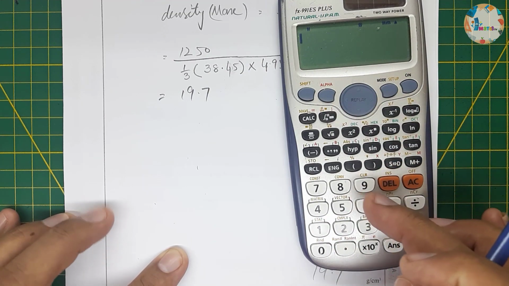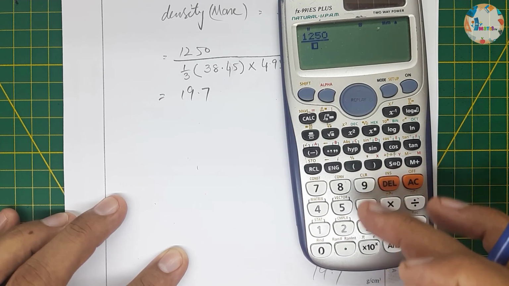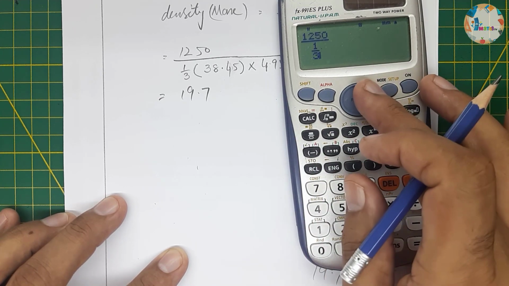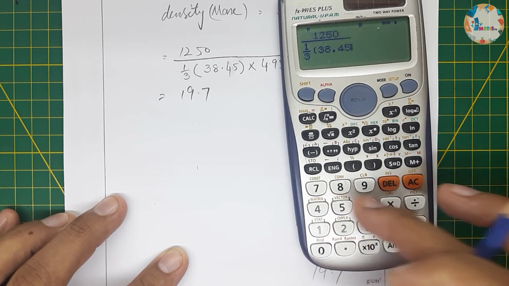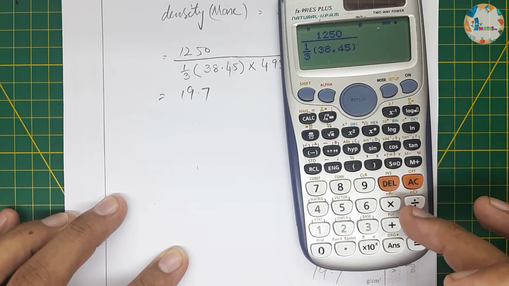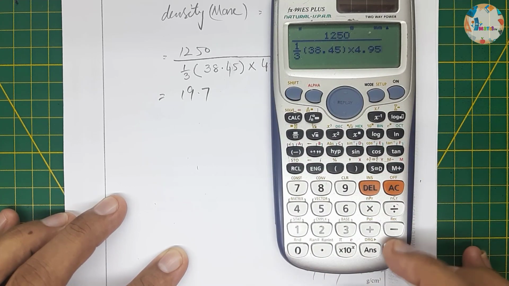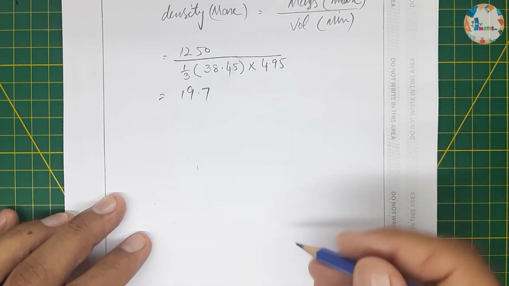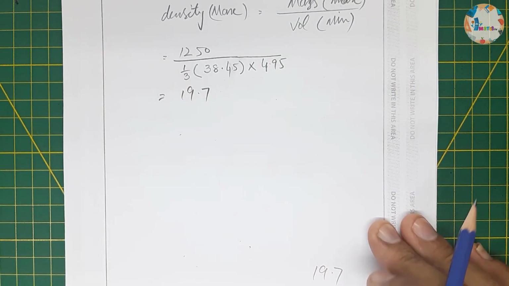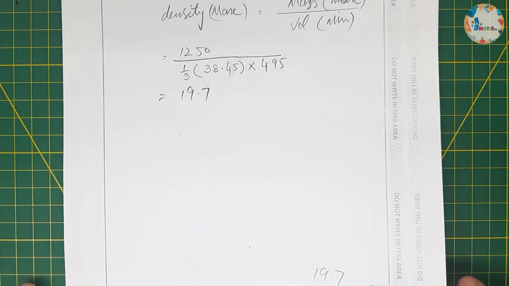We will recalculate 1250 divided by 1 over 3 multiplied by 38.45 and multiplied by 4.95, and this will give us 19.70. Yeah, now this is correct. The answer will be 19.7, but the lower bound will be 38.45. Hopefully you understood this.